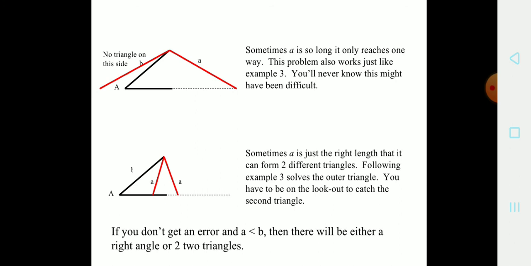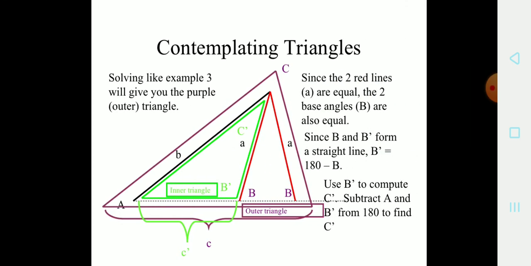Following example 3, solving the first triangle, you have to be on the lookout to catch the second triangle. If you don't get an error and A is less than B, then there will be either a right angle or two triangles.